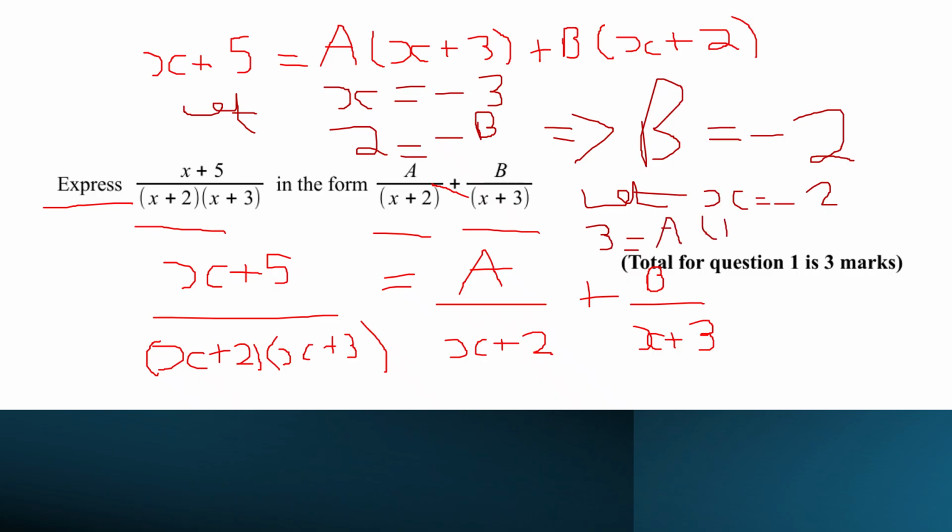So we have 1a is equal to 3, therefore a is equal to 3. So our final answer is going to be in the form 3 over (x + 2) minus 2 over (x + 3).